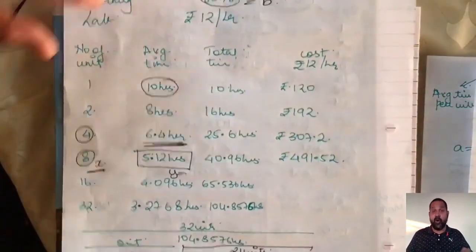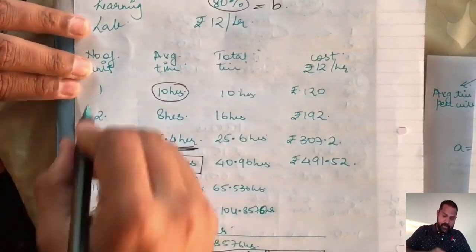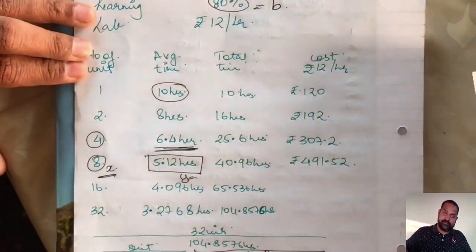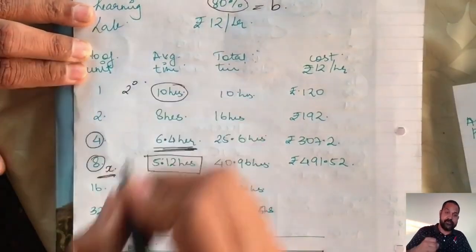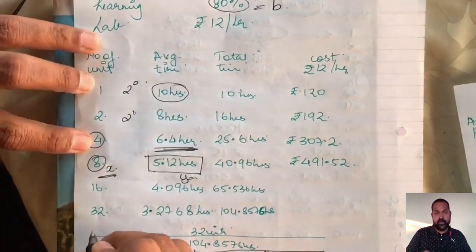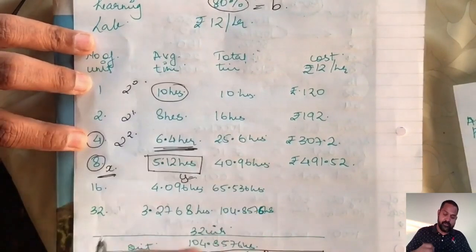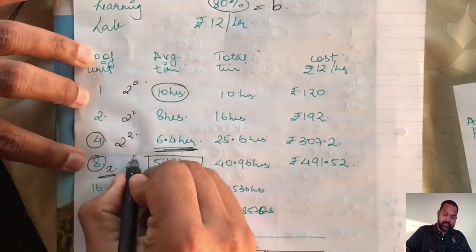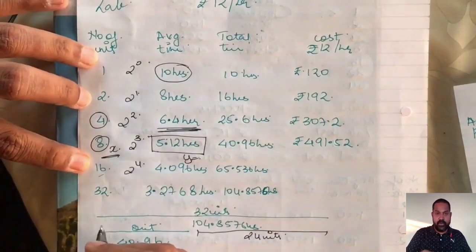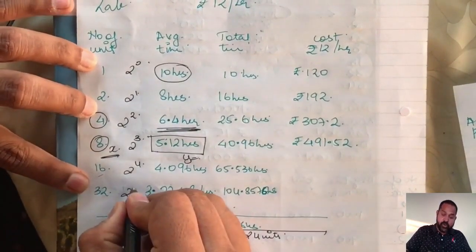Let's go back to our normal question. You know what 1 is? 1 is 2 raised to 0. What is 2? 2 is 2 raised to 1. What is 4? 4 is 2 raised to 2. What is 8? 8 is 2 raised to 3. What is 16? 2 raised to 4. What is 32? 2 raised to 5.